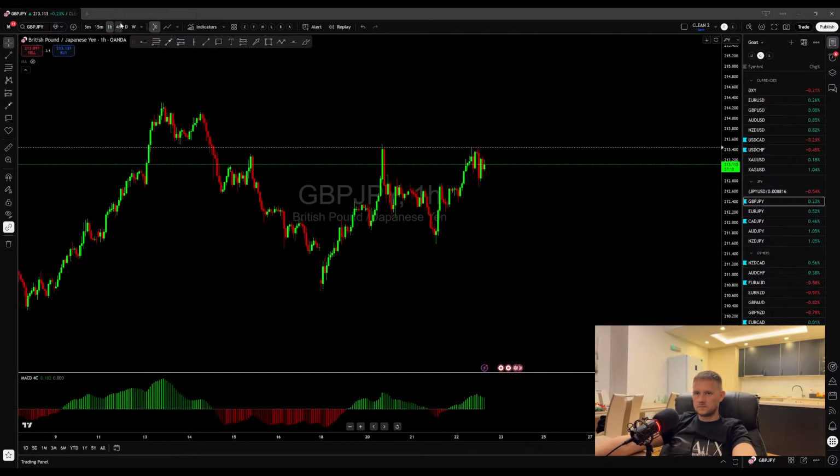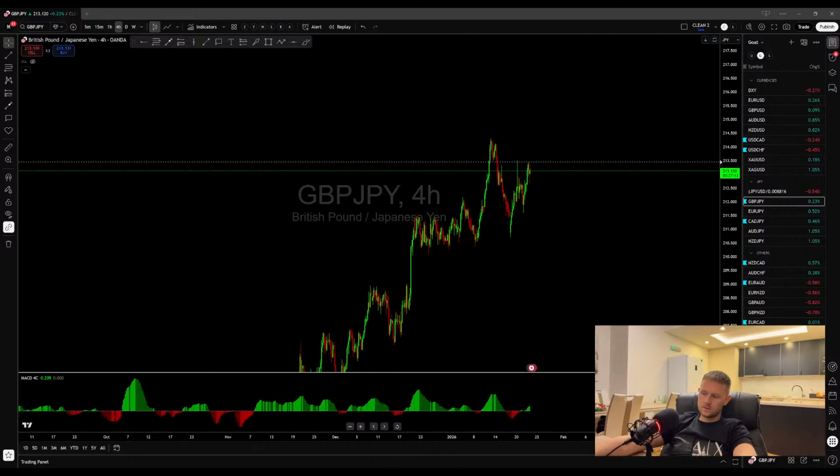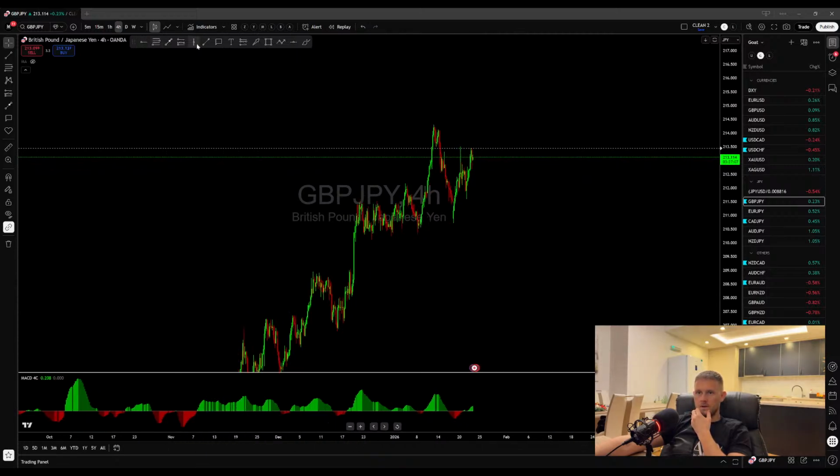Pound is still there where we were talking about. It's in this correction. This is the pullback. This is the pullback, but how it's currently behaving, it's very, very strange. Because if it goes up, it will tag the top and then it can go sideways.